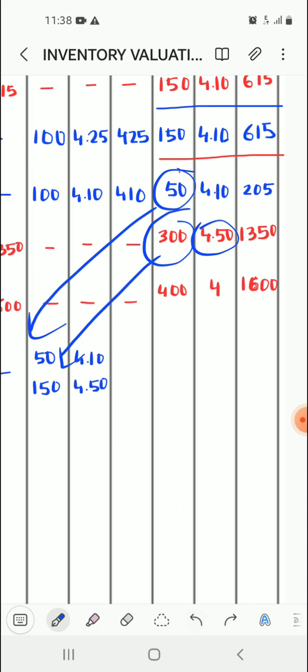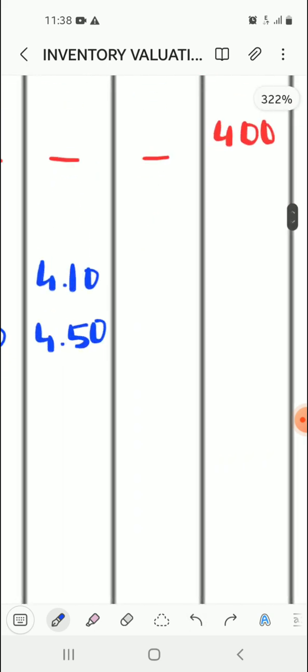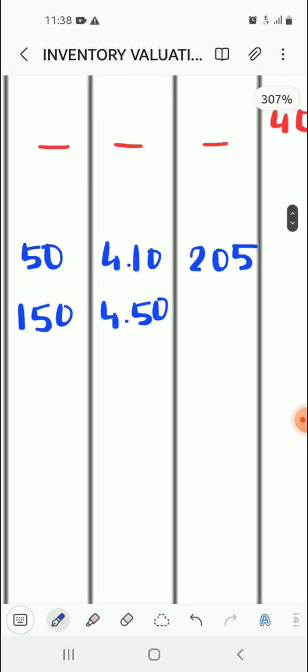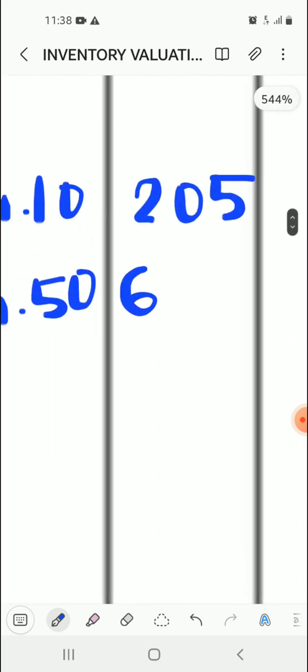Now we're going to simply multiply. So 50 into 4.10, it comes to 205. Let's write it over here. Similarly, 150 into 4.5. It comes to 675. We're going to write it over here.